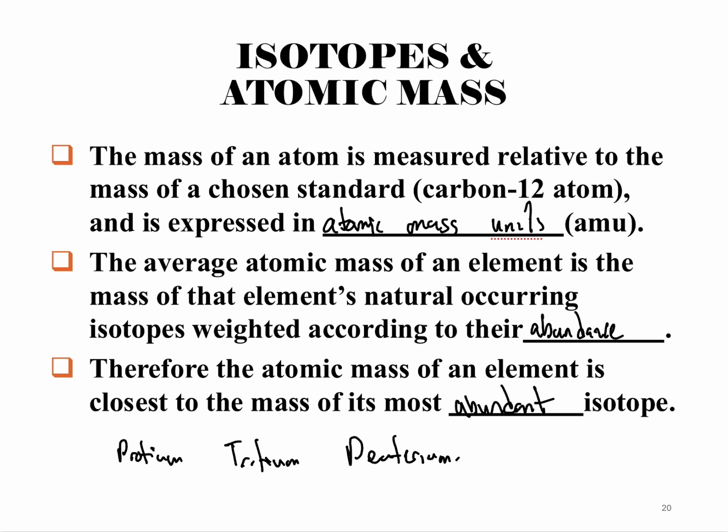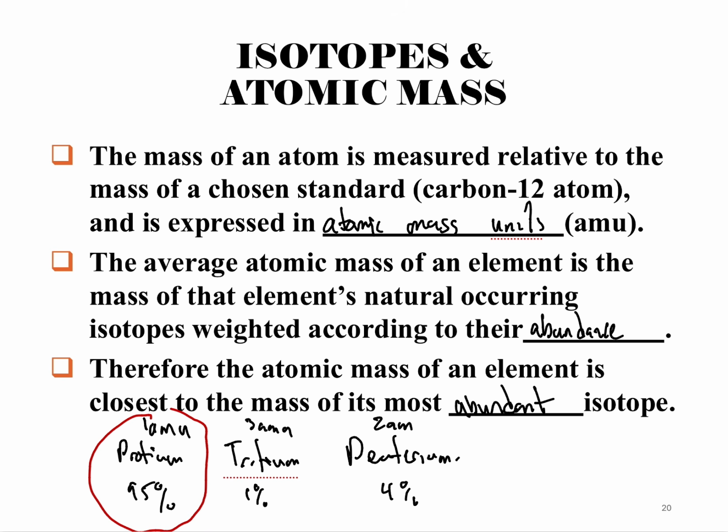If this was 95% abundant and this was 1 AMU, this was 3 AMU, and this was 2 AMU, this was 1% abundant, and this was 4% of the universe of all hydrogen, that means that the average atomic mass can be close to this one because there's more of it present in the universe, which is why we see it on the periodic table under the average atomic mass.